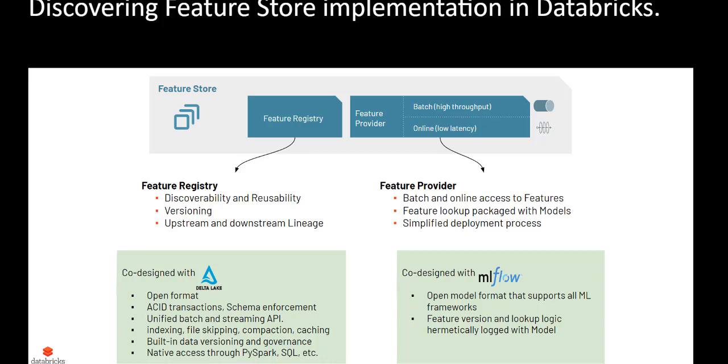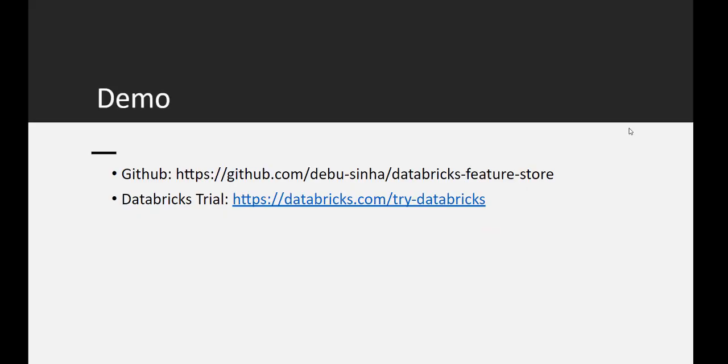It is co-designed with MLflow, which provides an open format that supports all your machine learning frameworks, and it packages your machine learning model version as well as your feature version with the model itself. So let's take a look at a demo of how this can be implemented within the Databricks environment.